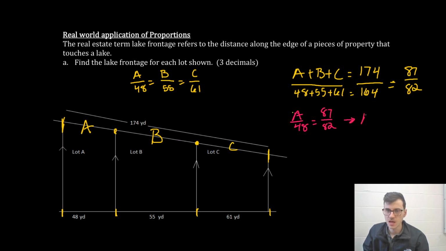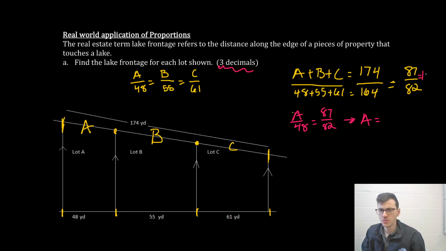So then A equals, we're just going to have to do some math, right? I would recommend, since this is not going to be a nice number, we'll round maybe to 3 decimals, as we're told. But 87 over 82, maybe we can even get 87 over 82. And I don't really like rounding early.